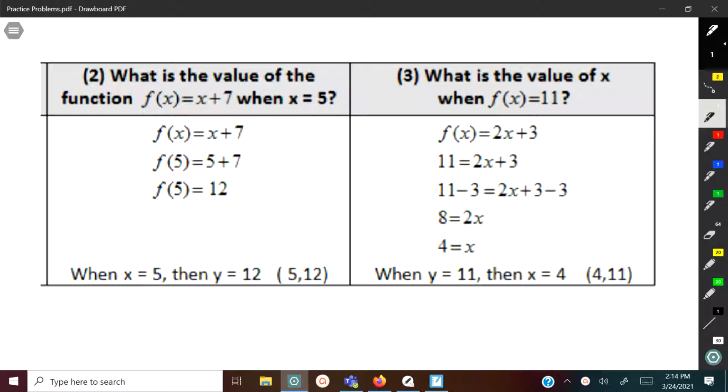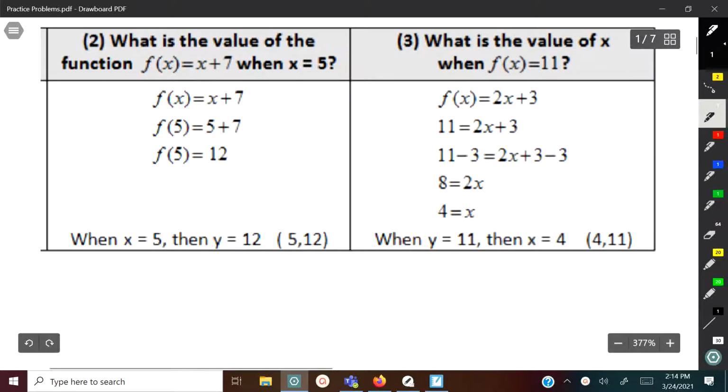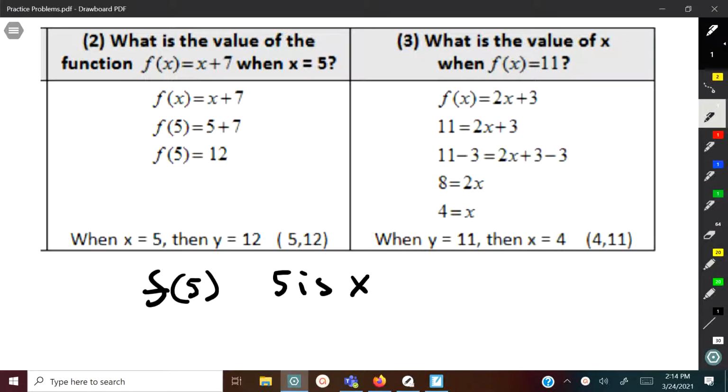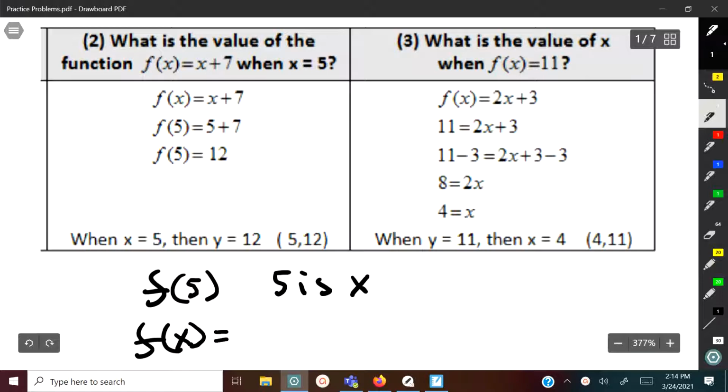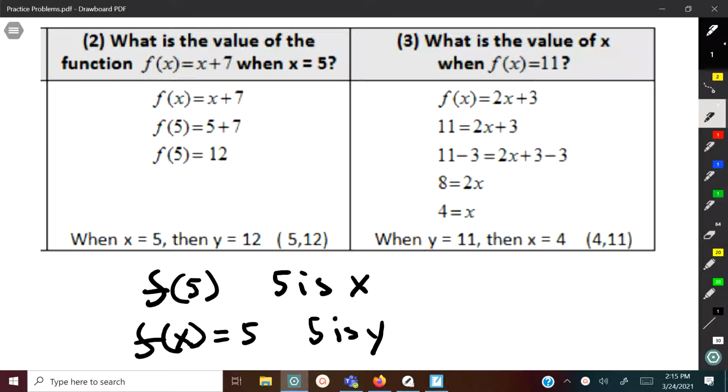So you could pause the video and take a look at these worked out, but the main thing you need to understand is when you have f of 5, 5 is x. But if you have f of x is equal to 5, then 5 is y. F of 5, 5 is x. F of x equal 5, 5 is y. Okay, keep that in mind.